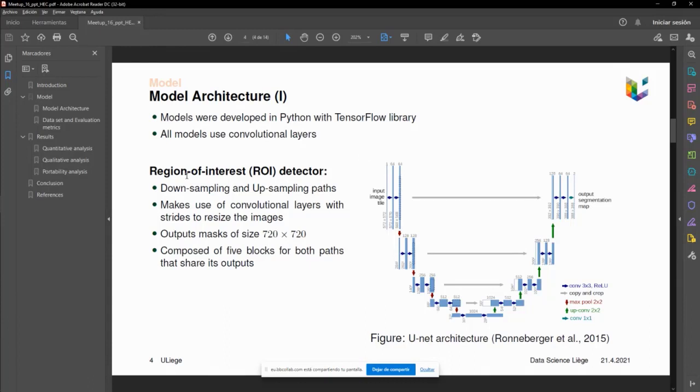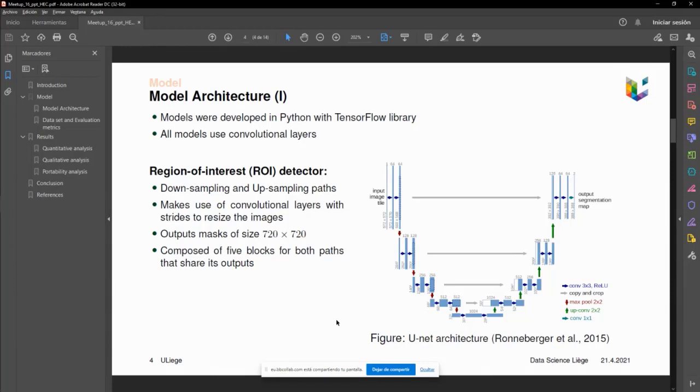So the first model I'm going to talk about is the region of interest detector model. It is based on the UNet architecture developed by Ronneberger. It's basically a combination of a downsampling path and an upsampling path, where the downsampling works as a feature extractor, and the upsampling tries to reconstruct the image that we are interested in, in this case, the mask.